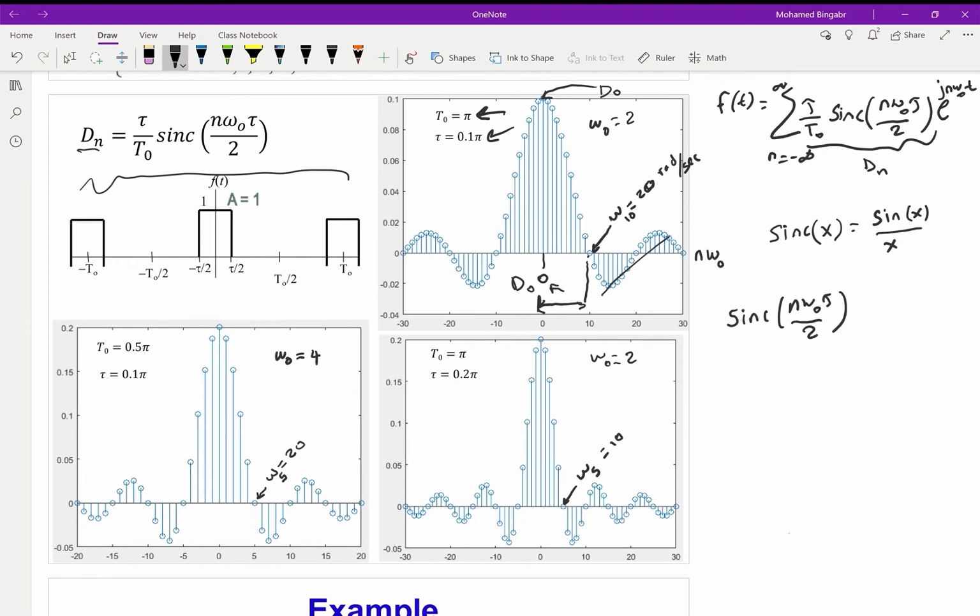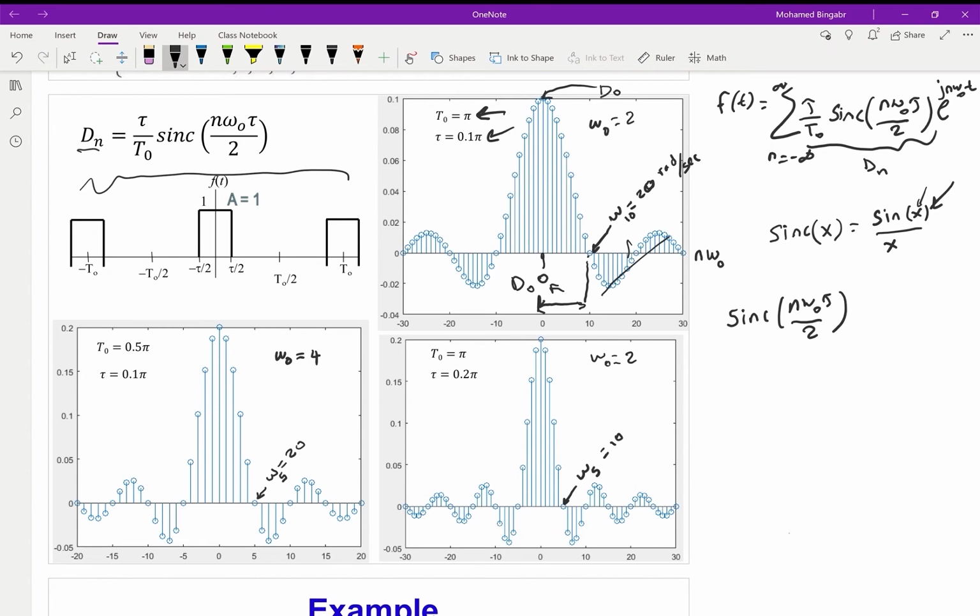When is the first time it goes to 0? Well, if we look here, the first time it goes to 0 is when x equals pi, because sine pi is 0, or 2 pi, that will be the second 0, or 3 pi, 4 pi, because sine n pi will always be 0.